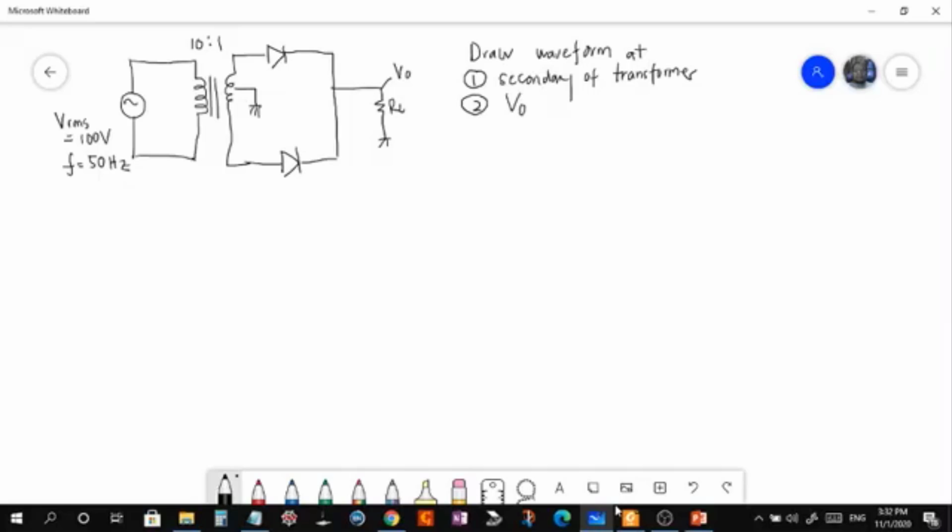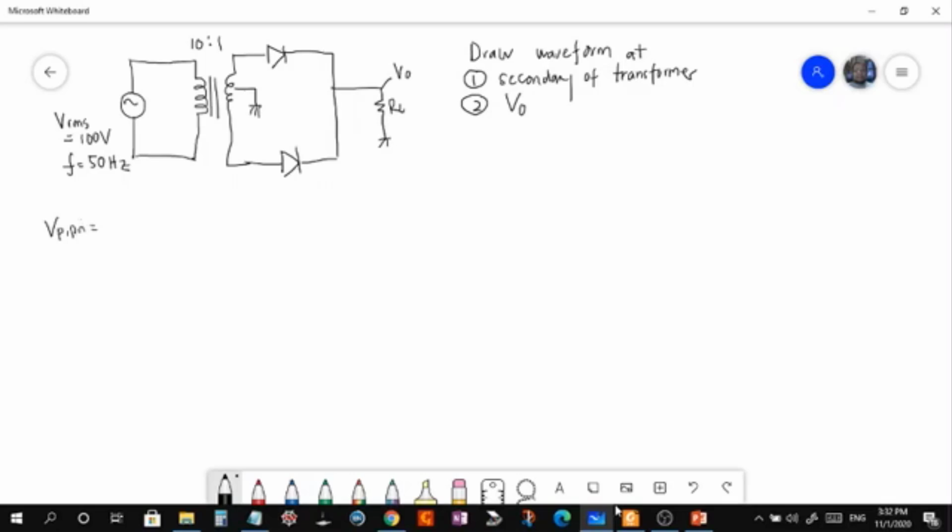Okay, the provided information in terms of the voltage is VRMS. So when you want to draw the waveform, you need to calculate the V peak. First, calculate the V peak of the primary.